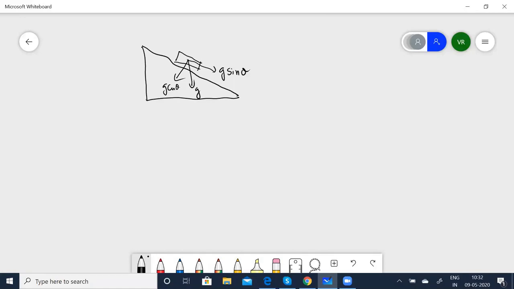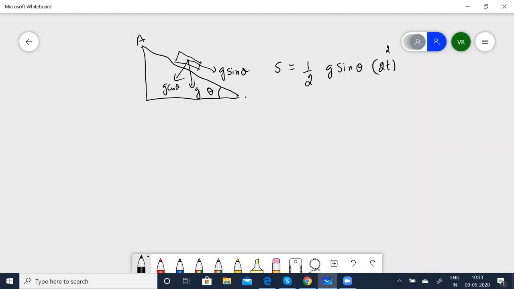Now let this angle be theta. Now, you know, s is equal to half g sin theta into (2t) the whole squared. Or now you know from this diagram, the whole distance is x.